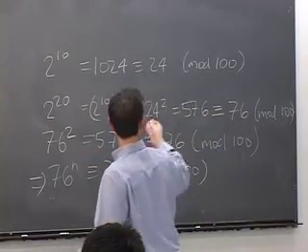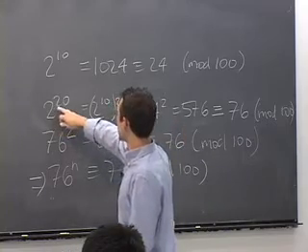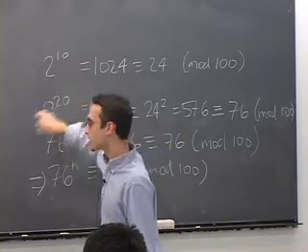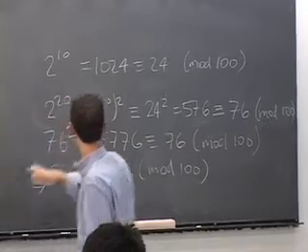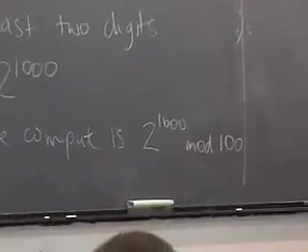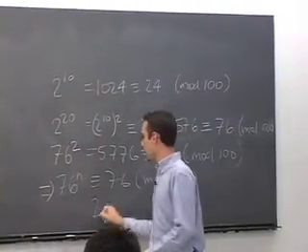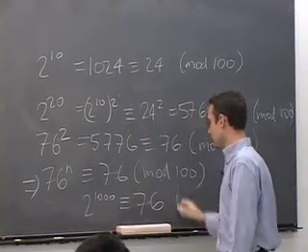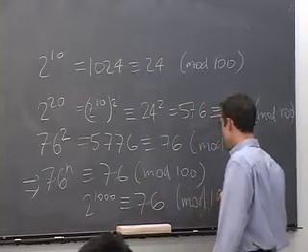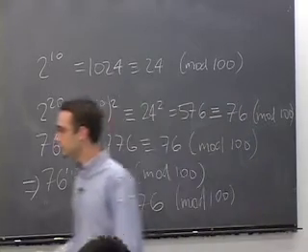And so this thing, 2 to the 20, raised to the power 50, gives 2 to the 1,000. So 2 to the 1,000 is congruent to 76 modulo 100. So the question is answered. Very, very simple.